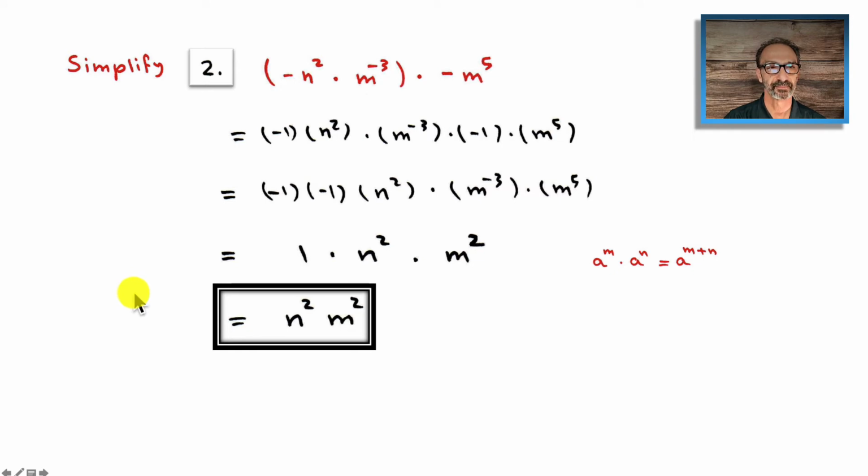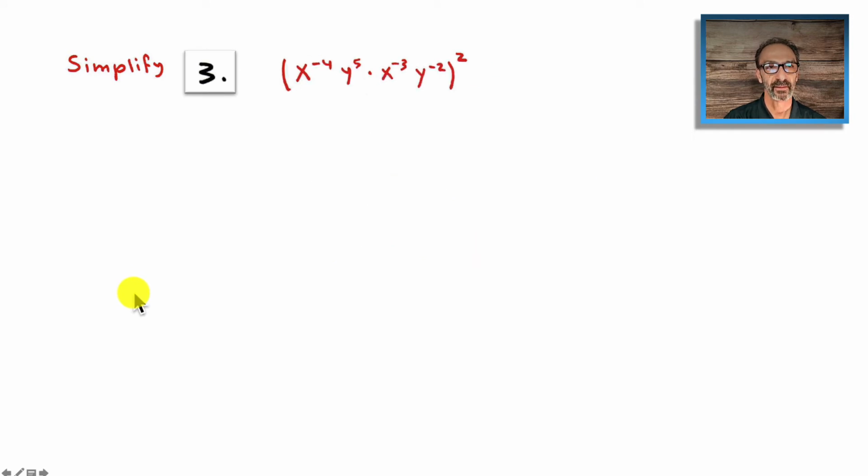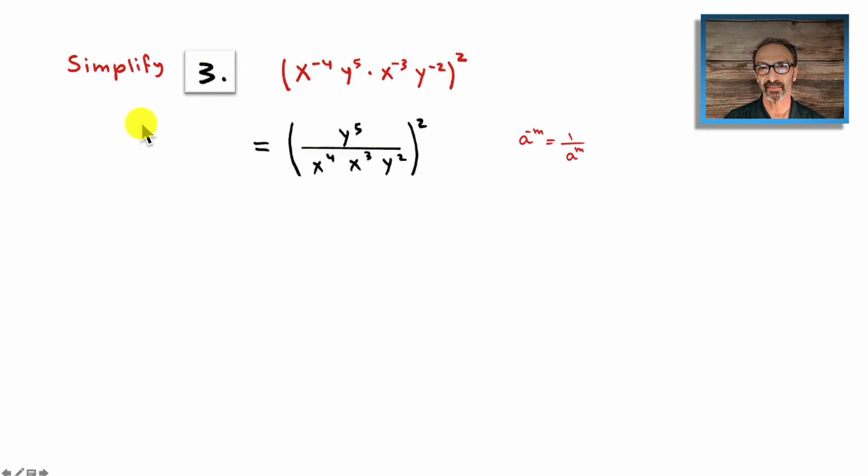Number 3. Now here we could rearrange and simplify inside before I apply this, because I do have y's and I do have x's. But let's take it the other way by handling the negative exponents and taking the reciprocals, which means we need to have a fraction bar, and that's what I meant.